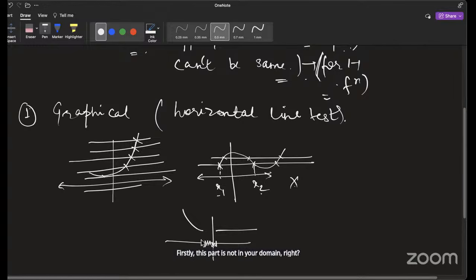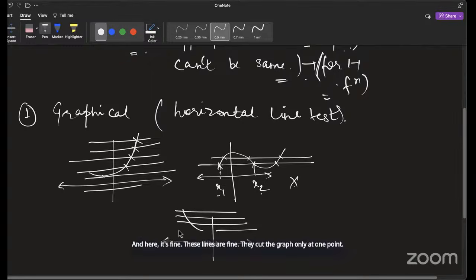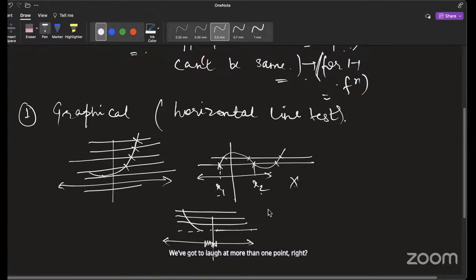You don't have a value for it. All the other part of your real line is in the domain. And then if you draw horizontal lines now, here it's fine. These lines are fine. They cut the graph only at 1 point. But if you draw a horizontal line here, it cuts the graph at more than 1 point, right? So even if you find one horizontal line which cuts your graph at more than 1 point, it could be 2 points or more than that, then it's not a 1-1 function, right?